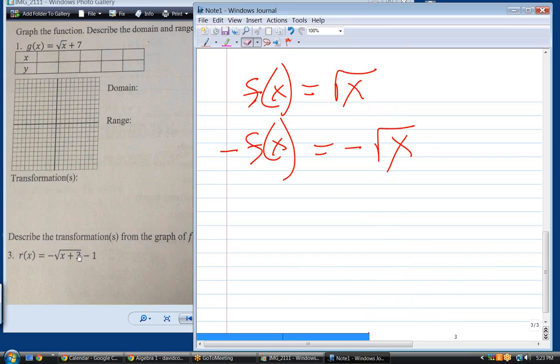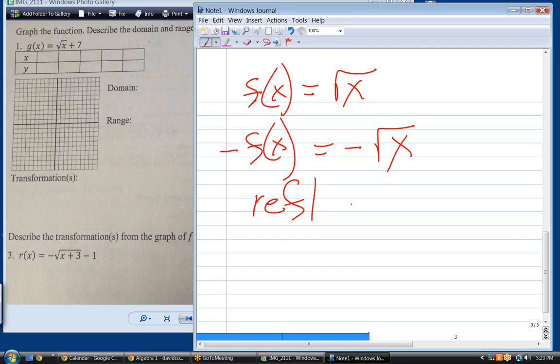What's the consequence of the 3 inside the radical sign? Is it a horizontal shift? Yep. But which way? To the left. Correct. So here's what we've got going on. If we're going to describe these transformations, you always do your reflections first.